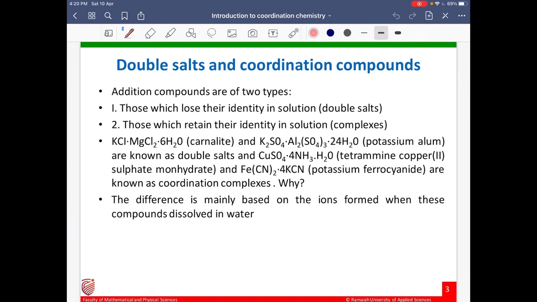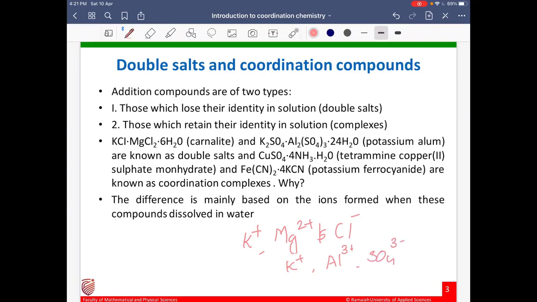When crystals of carnallite are dissolved in water, the solution shows properties of K+ ions, Mg2+ ions, and Cl- ions. In a similar way, a solution of alum shows the properties of potassium ion, aluminum ion, and sulfate ion.